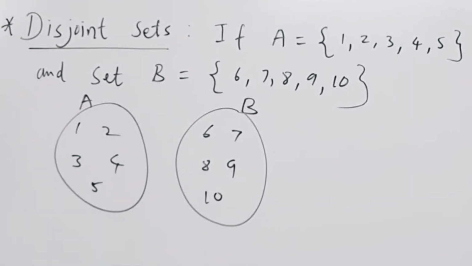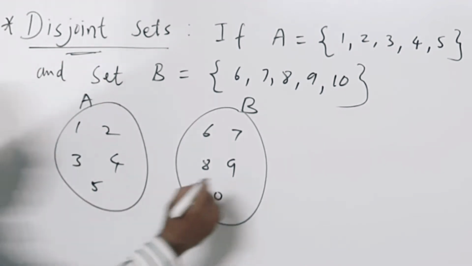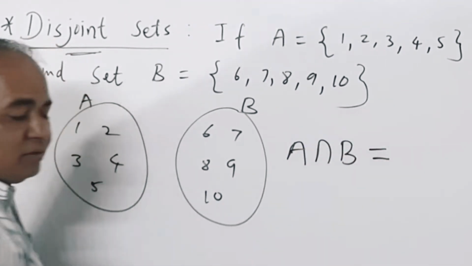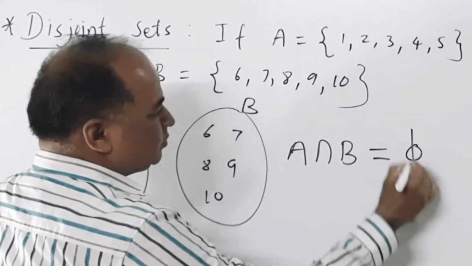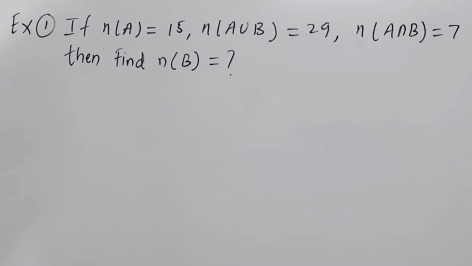So here there is no common element in set A and set B. If there is no common element in two or more sets, the sets are said to be disjoint sets, and their intersection A intersection B has no common element, so it is an empty set. So the intersection of two disjoint sets is an empty set.